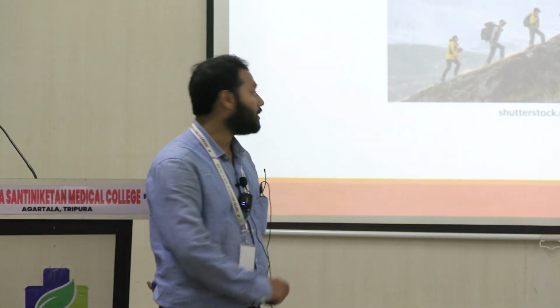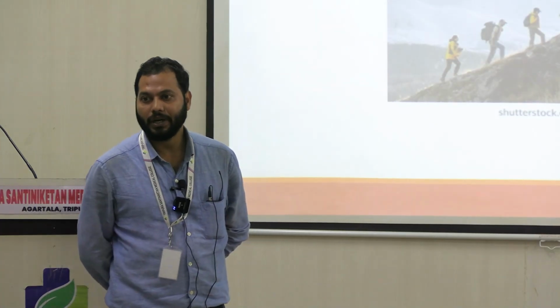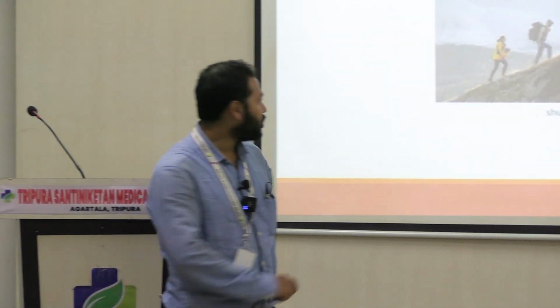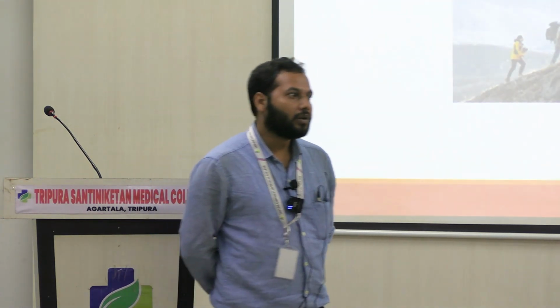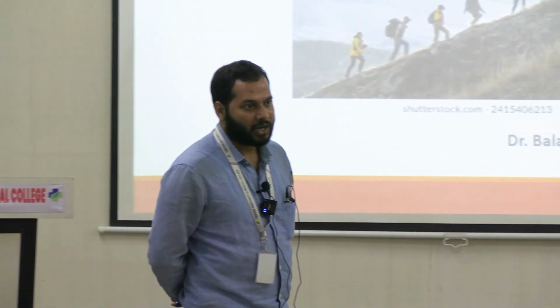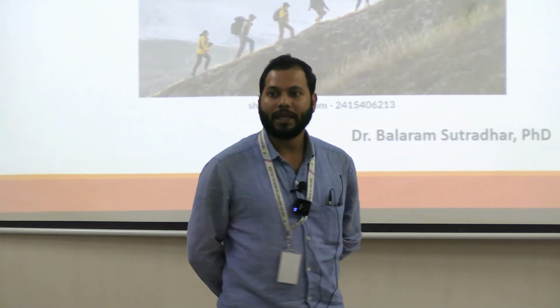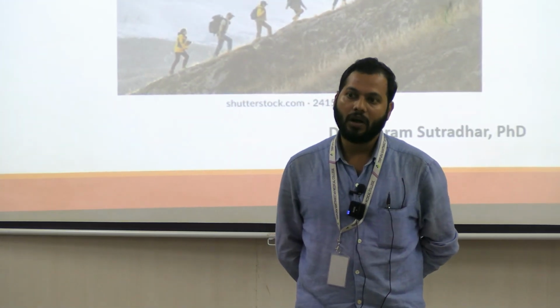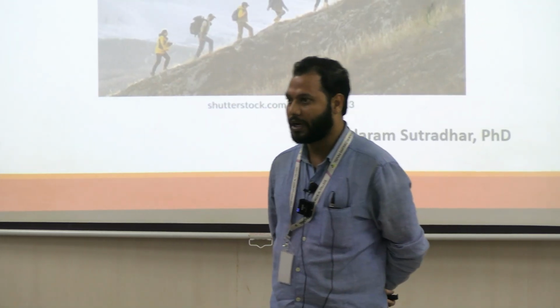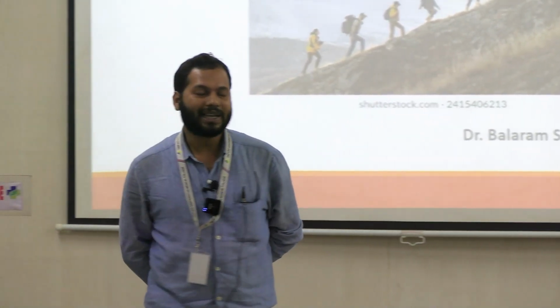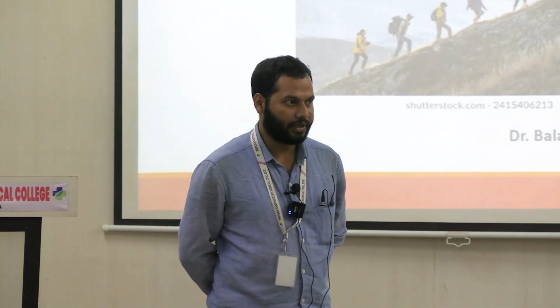Like you can see here, it is a journey, right? This is called an uphill journey. So for the uphill journey, the most important requirement is energy, right? The process of active transport is also like an uphill journey. Energy is the most important requirement, and it occurs against the concentration gradient, right?